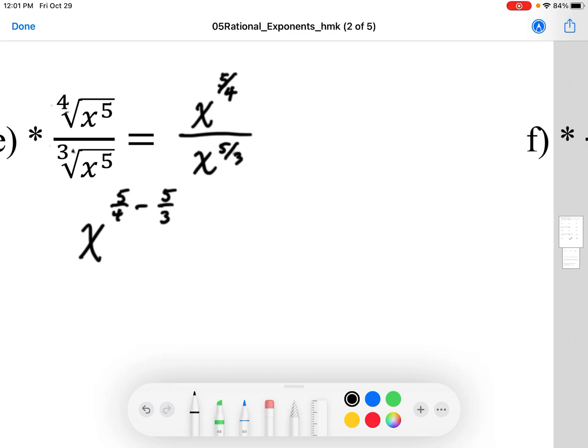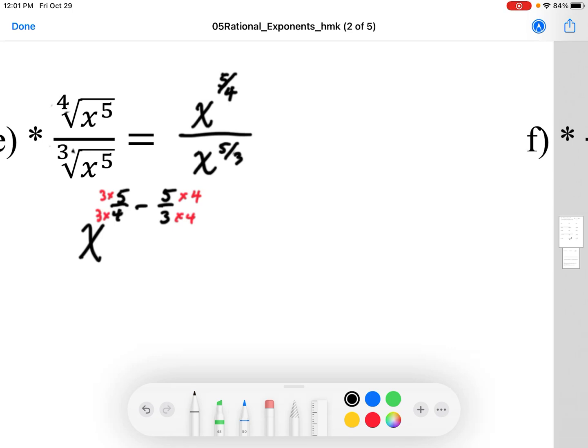Now, if we're going to subtract fractions, we need a common denominator. And so if I want a common denominator, I'm going to multiply the top and bottom of the first fraction by 3, so times 3 times 3. And then I'm going to times 4 times 4 for this fraction.